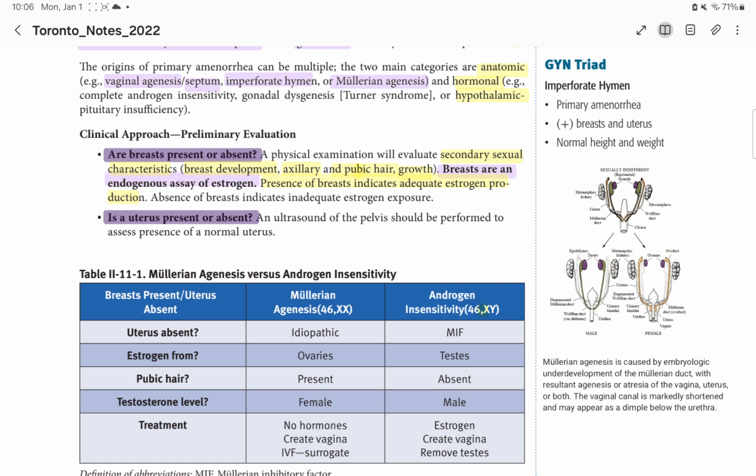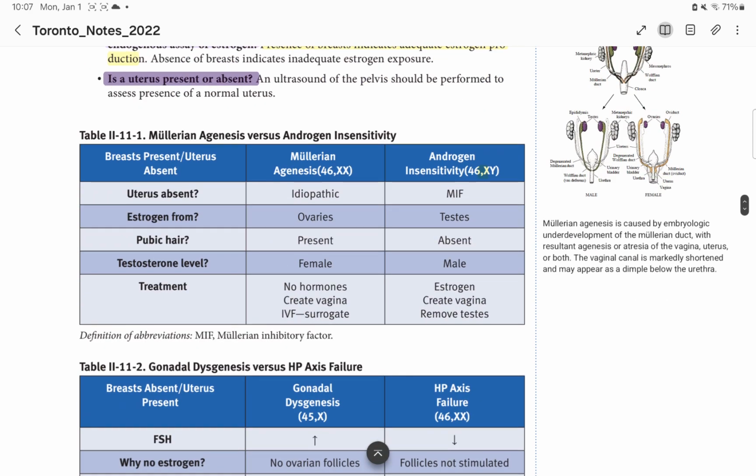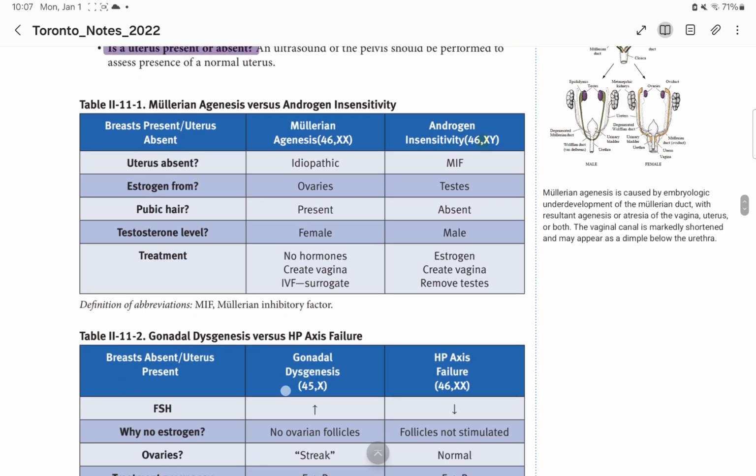So there are different causes for this also, but when the breasts are not present, it means some kind of estrogen deficiency, and estrogen is really crucial for development of the secondary characteristics of the woman. And the uterus can be absent also. So there are different kinds of causes.